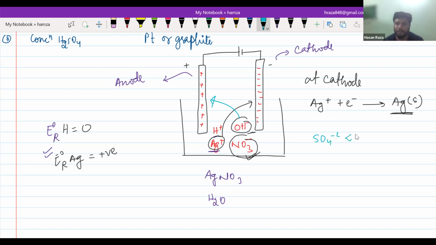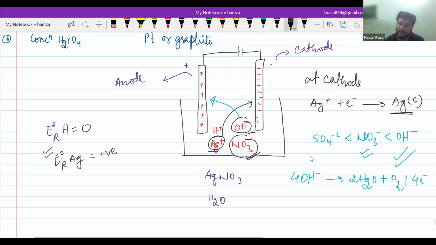This is the ease of migration: SO4 2-, then NO3-, then OH-. For OH-, it is easier to migrate to positive than NO3-. So whenever OH- migrates, I told you that there will be 2H2O and then O2 gas, and then it will release 4 electrons. So what will be the product at anode? At anode, O2 gas is evolved.